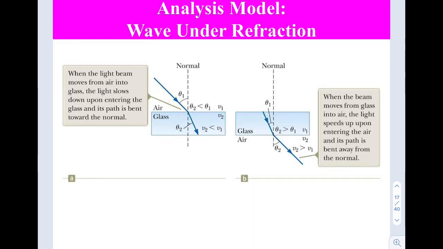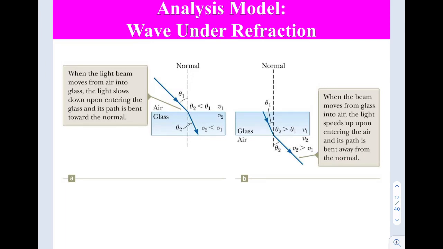Now, when the light beam moves from air into the glass, for the first case just now, the light slows down upon entering the glass and its path is bent towards the normal, as I mentioned just now. But when the beam moves from the glass into the air, the light speeds up upon entering the air and its path is bent away from the normal.